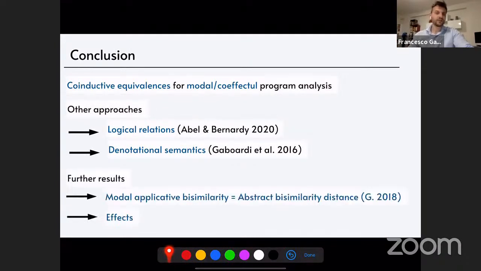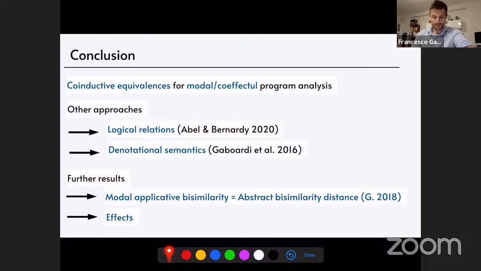What I showed you is just a small piece of our work on notions of equivalence for coeffectful languages, and in particular, what we have is a connection between this sort of modal analysis of programs and a quantitative analysis or metric analysis of programs.